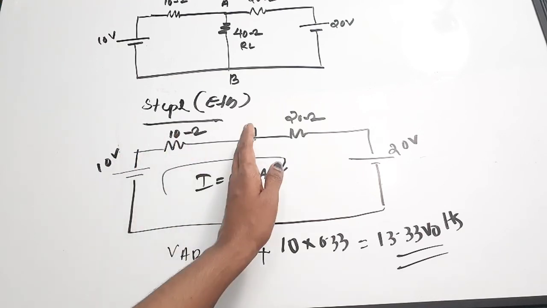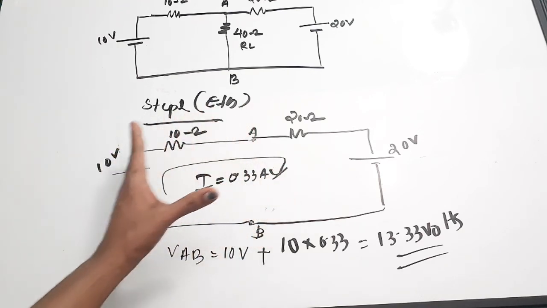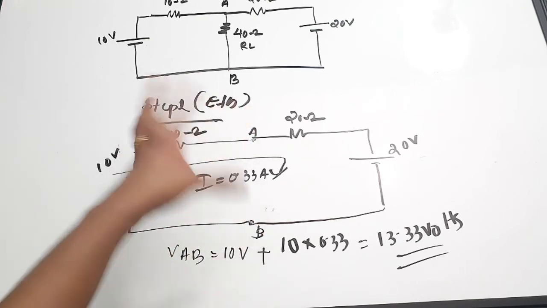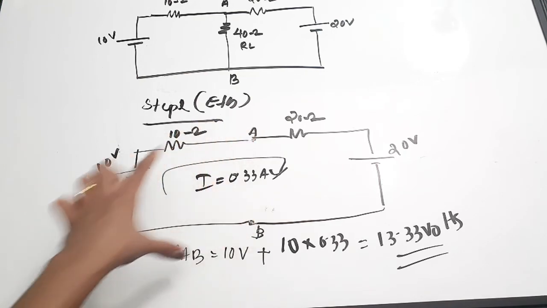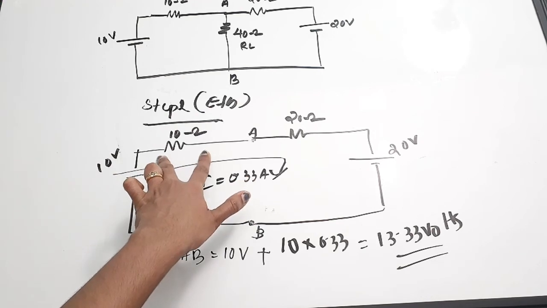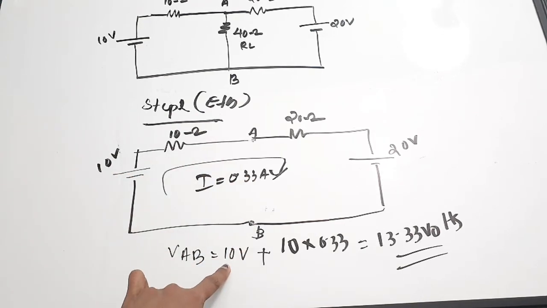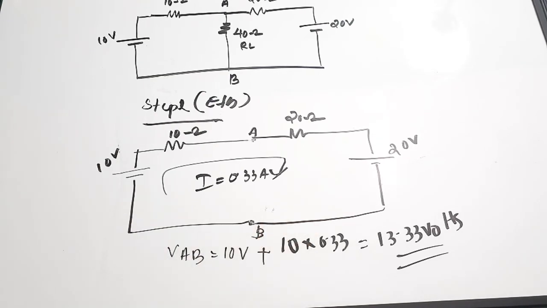We have taken this portion of the loop, and you can say that the voltage across AB, VAB, is equal to 10 volt plus the voltage across the 10 ohm. That's why we have taken 10 volt plus 10 into 0.33, which is equal to 13.33 volt.